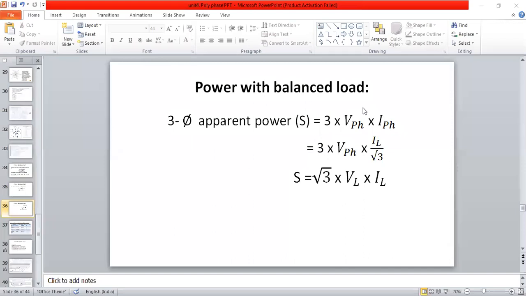Roll number 54. Yes, sir. In a delta connection, can you tell me the line current formula? Line current equal to what? Roll number 47.